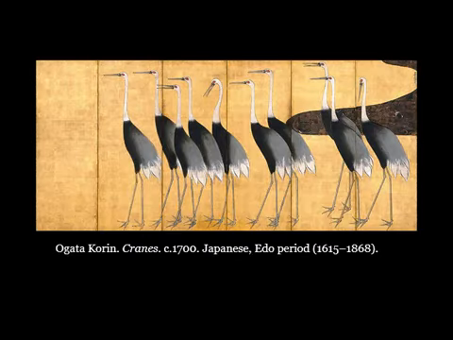So Japanese artist Ogata Korin has created rhythm within this pair of folding screens. The simplified bodies of the crane birds have been repeated with slight variations in their stance.